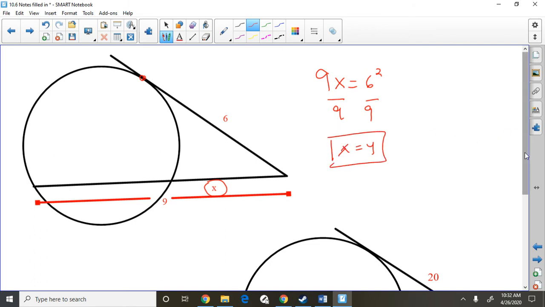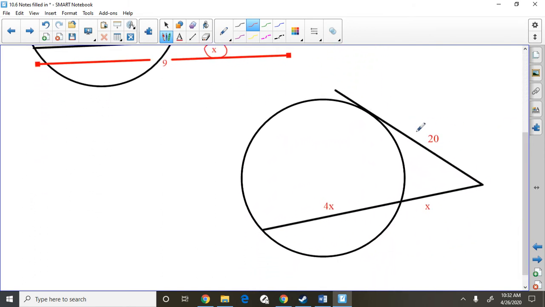Down here, I have the tangent squared equals, I need the entire secant segment. X plus 4x is a total of 5x. So it's the secant segment times its external segment. This is 20 squared is 400 equals 5x squared.